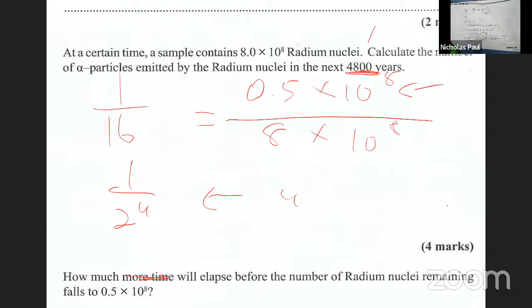So 4,800 is 3 half-lives, so to reach 4 half-lives is plus 1 more half-life. So the final answer is 1,600 years. Basically, to go from 1 by 10 to the 8 to 0.5 by 10 to the 8 is 1 more half-life.